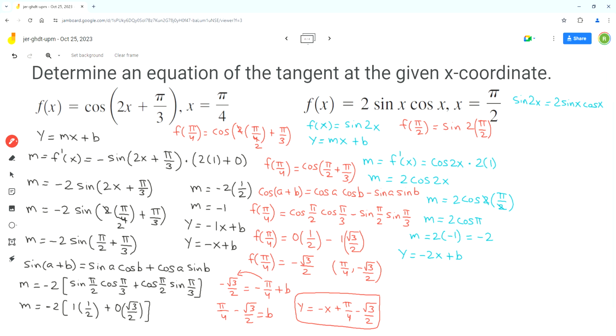So the 2's get cancelled out. So we are left with sine pi. And we know that sine of pi is equal to 0.